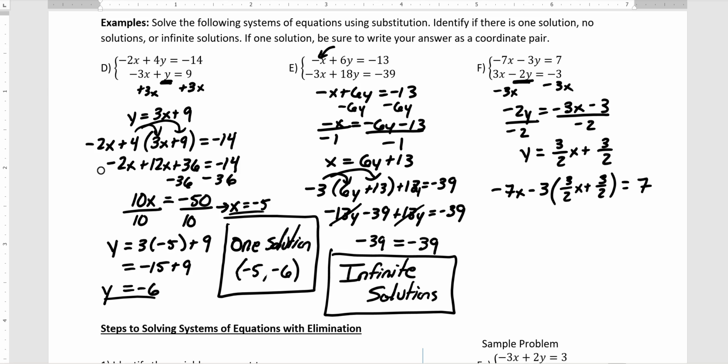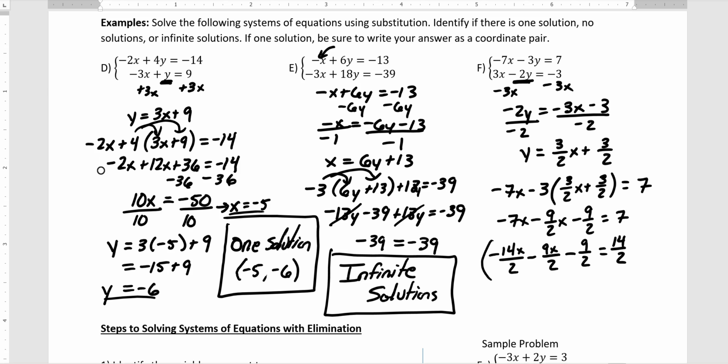So distribute the negative 3, so I'll have negative 7x minus 3 times 3 would be 9 halves x minus 9 halves equals 7. Now, let's go ahead and make some fractions here. Let's put everything over 2. So when I do that, I'd have negative 14x over 2 minus 9x over 2 minus 9 halves equals 14 over 2.